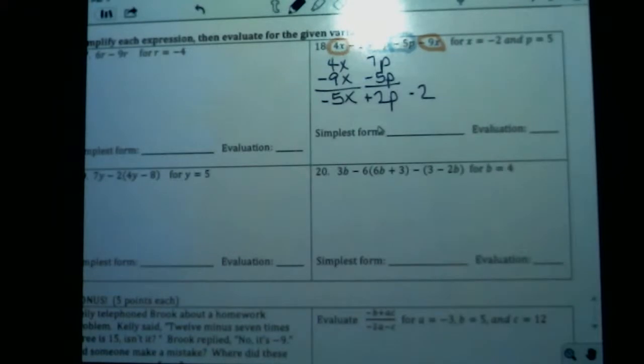Now I'm going to come back, and where I see x, I'm going to put in negative 2. And where I see p, I'm going to put in 5. And then we can just do this in our calculator. So my simplest form is negative 5x plus 2p minus 2. Then when I evaluate it, I'm going to get 10 plus 10 minus 2, which is 18. Okay? That's simplifying and evaluating.